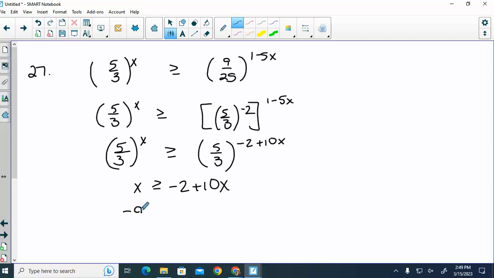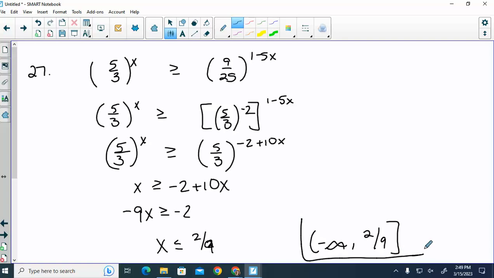Subtract that 10x over. Divide by -9, which splits the inequality. Okay?